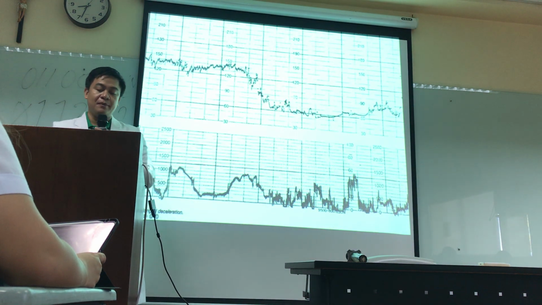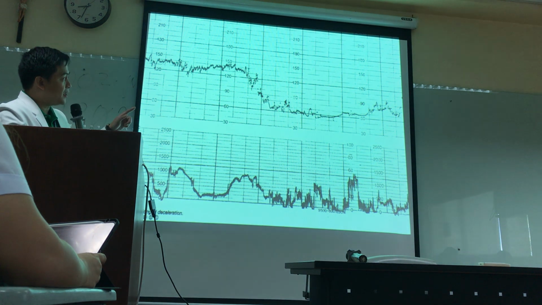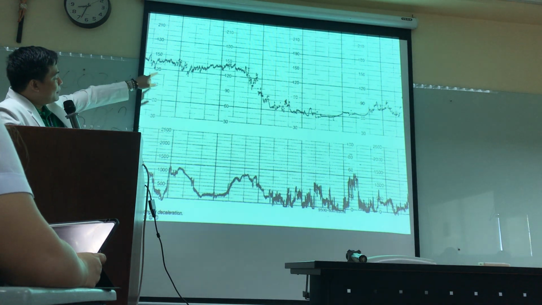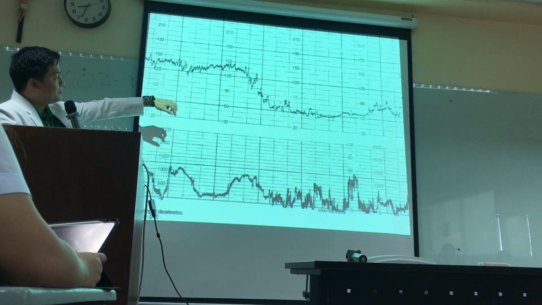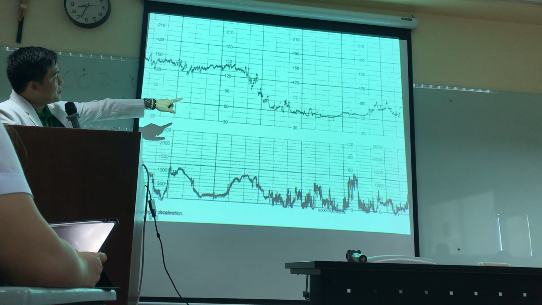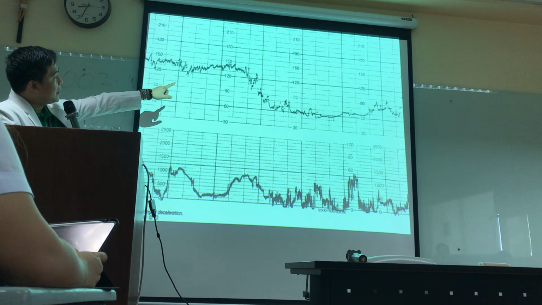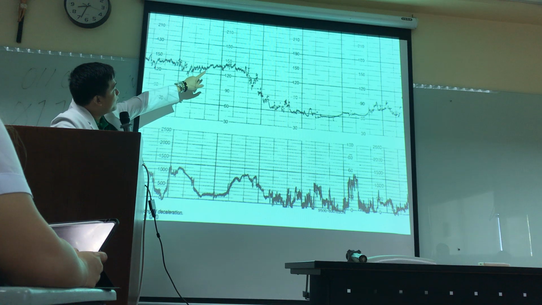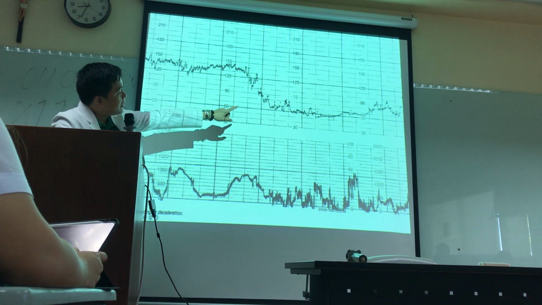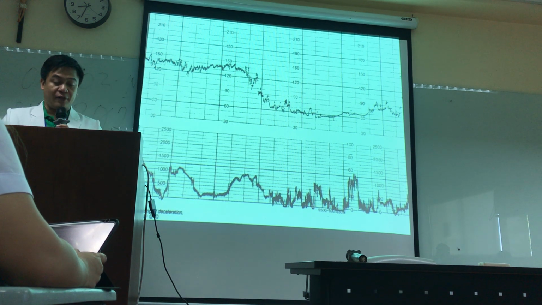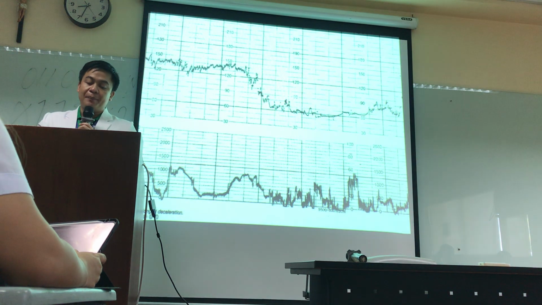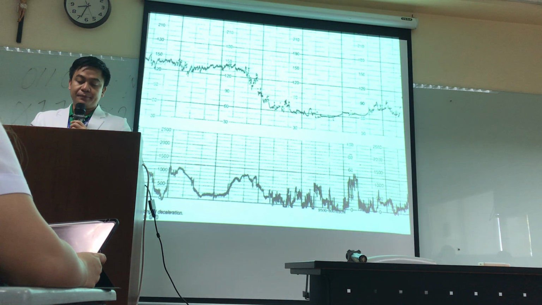How about bradycardia? So you can see here that the fetal heart rate dips, no? Ilang beats per minute below the baseline, from 135 to 140, bumagsak siya ng 60s. Okay, so what usually causes fetal bradycardia? Okay, hypoxia, of course.